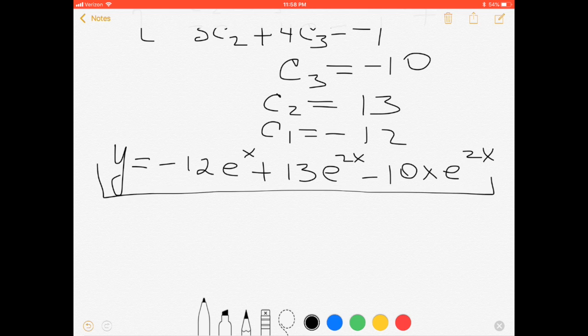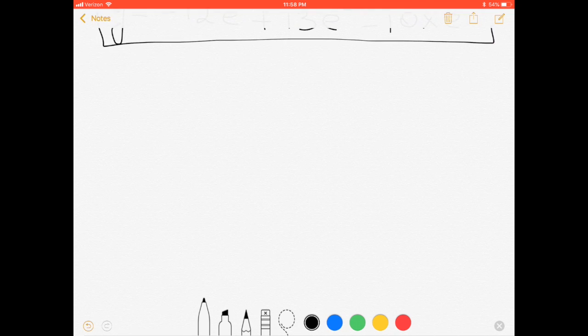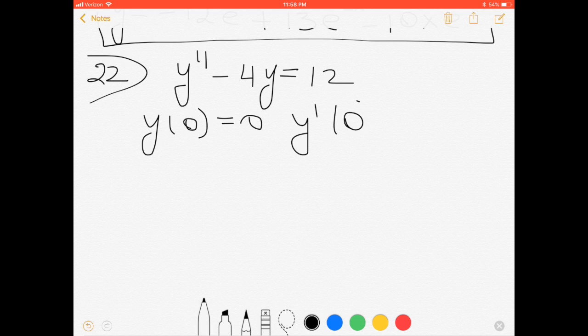We finish our question. Question number 22. Here we have a second order linear equation, y'' minus 4y equals 12. Its initial point is y(0) equals 0 and y'(0) equals 10. And here we have the solution of the homogeneous equation.